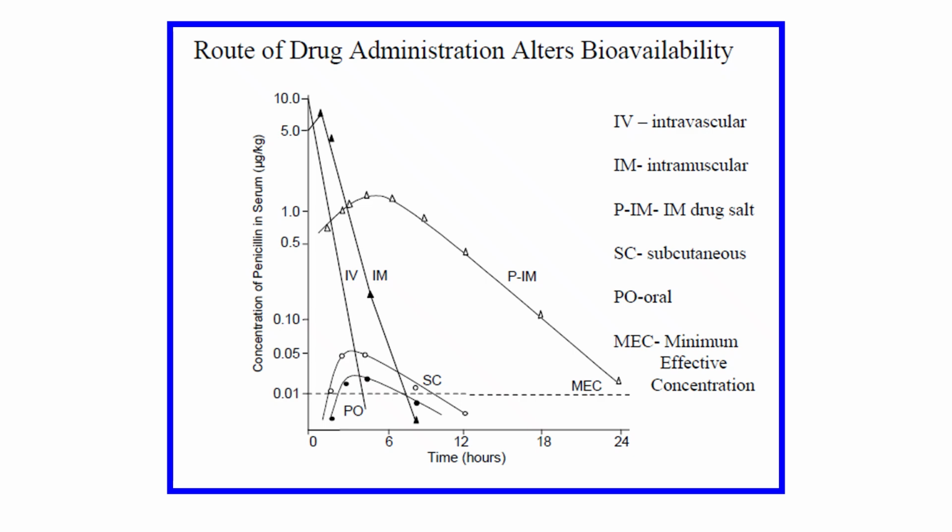Now this figure is a very good visual reminder that route changes both onset and reliability of the medication. With intramuscular injection, we see a very large rise in the concentration of penicillin in the serum, but a very quick fall, because the intramuscular injection may absorb relatively quickly.